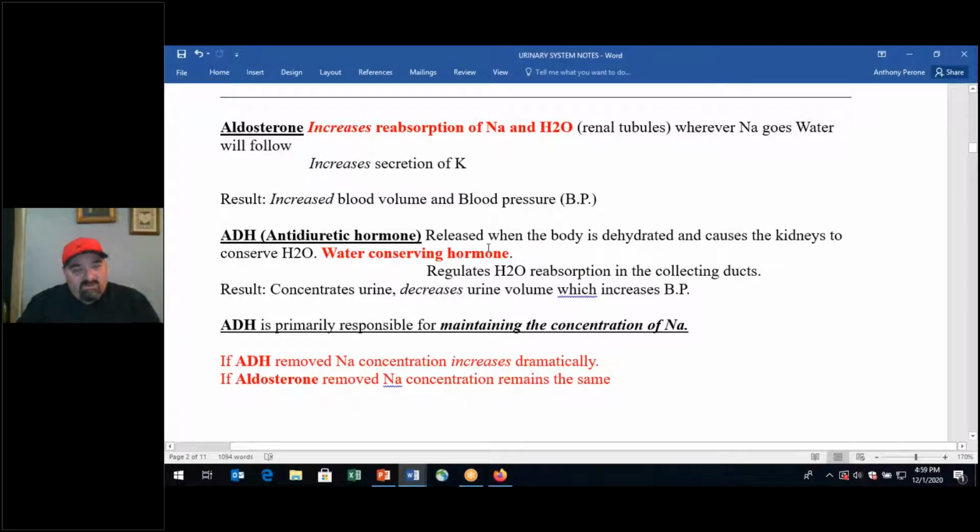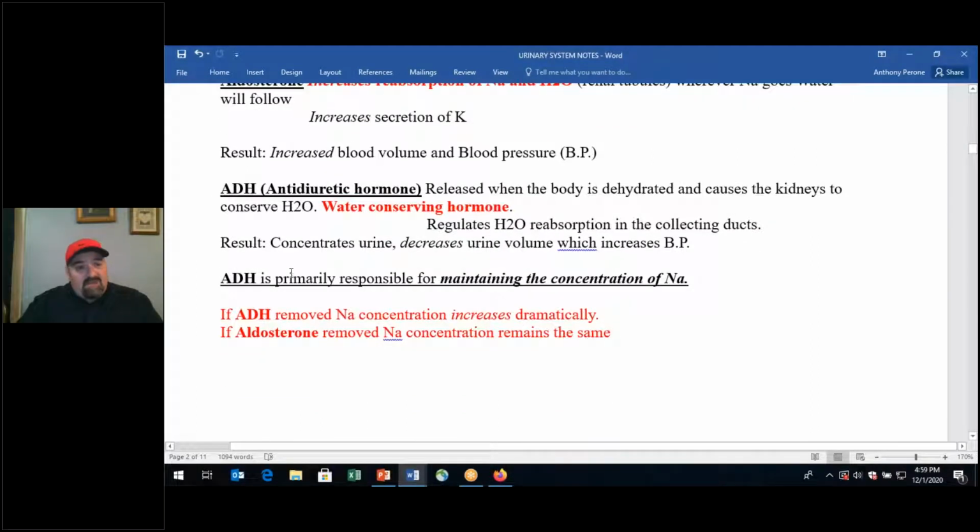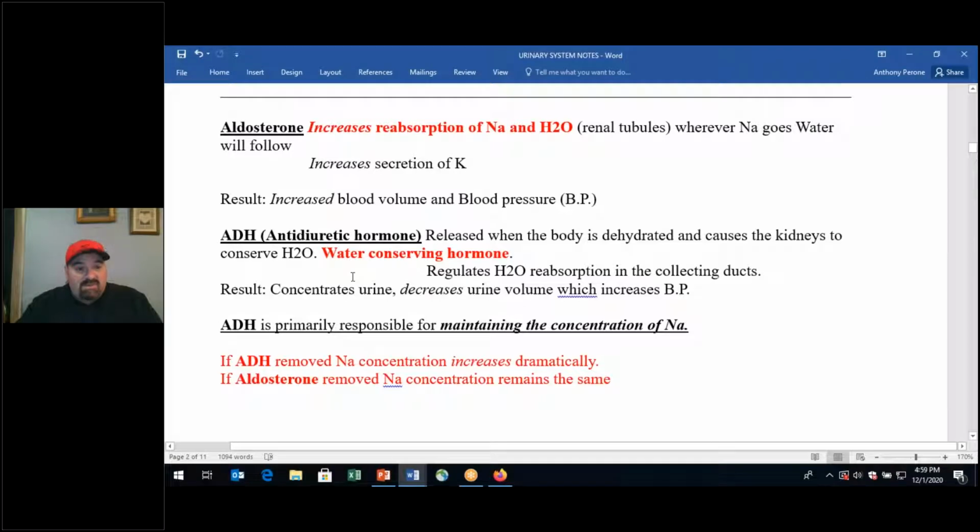ADH is a water conserving hormone, so we're going to produce less urine, which will in turn lead to an increase in blood volume and blood pressure. And you'll see here also, ADH, antidiuretic hormone, is primarily responsible for maintaining the concentration of sodium, although you would think it would be aldosterone. It's really ADH that has a stronger effect. Okay.